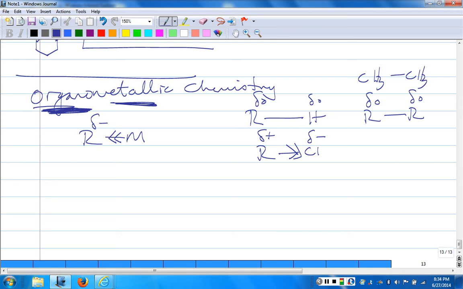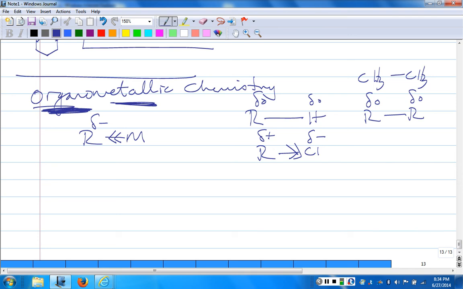That allowed us a completely new set of weapons in the arsenal. Because now I could invoke not just electrophilic carbon, but nucleophilic and basic carbon. The breadth of organic chemistry just opened wide. And so it really is not a surprise that Grignard won the Nobel Prize in chemistry for it.